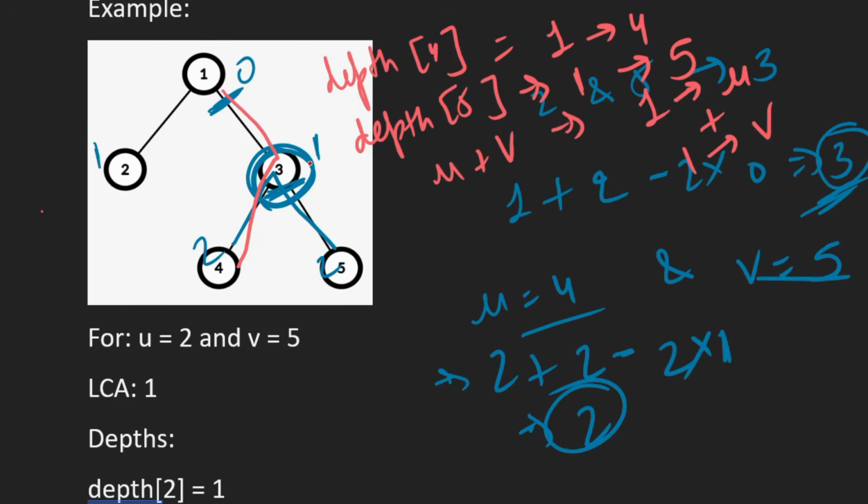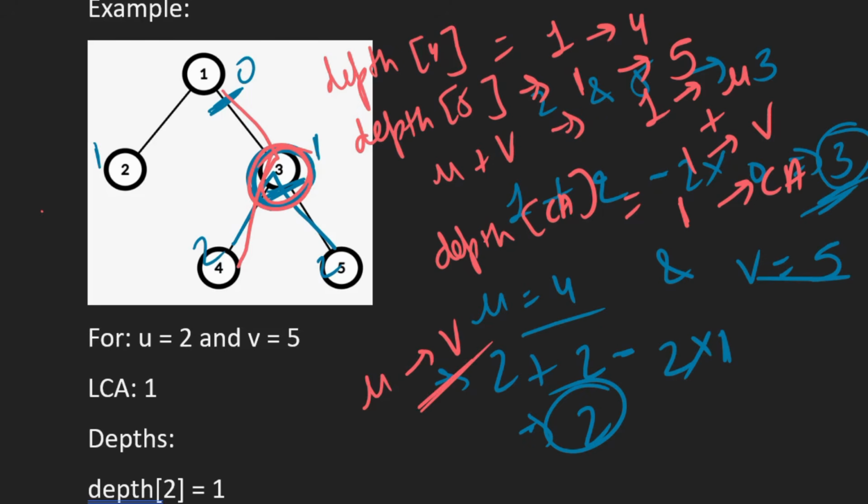And now there is one common ancestor, and depth of common ancestor is the number of edges from 1 to the common ancestor, right? So if we have to find the number of edges from u to v, here we are taking the number of edges from 1 to u plus 1 to v. Now if we see, we only need between u and v, but we are getting from 1 to u and 1 to v.